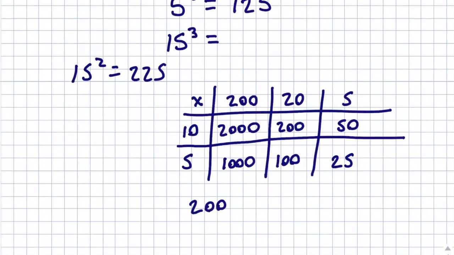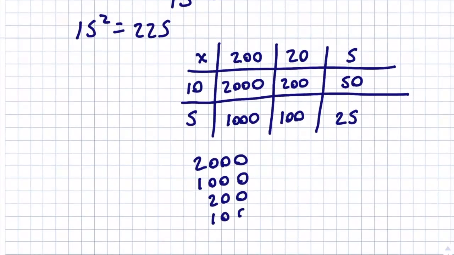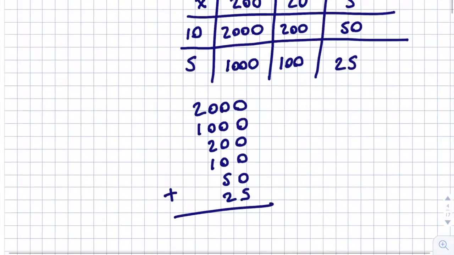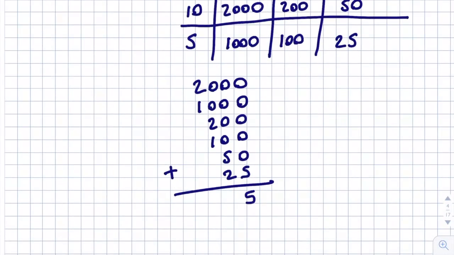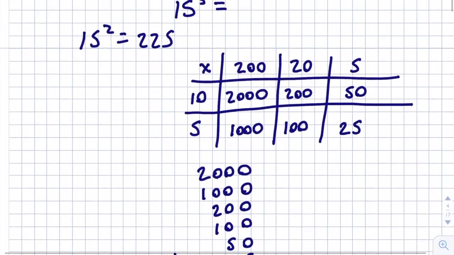If we add these together, gives us 5, 2 add the 5 is a 7, 2 plus the 1 is 3, and then 2 plus 1 is 3. So we get 3,375.